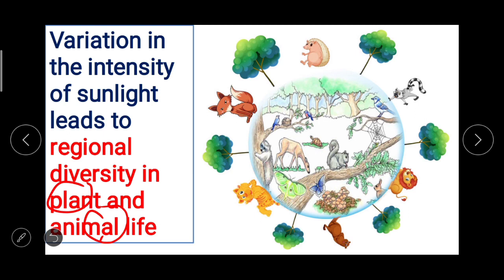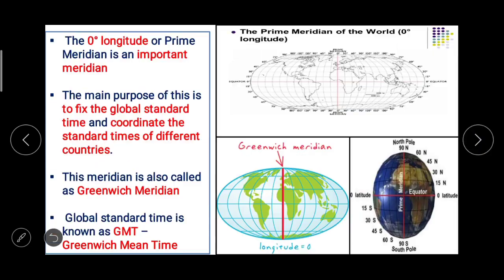And it is because of the variation in the intensity of sunlight. Then the next thing, the 0 degree longitude or prime meridian is an important meridian. The main purpose of this is to fix the global standard time and coordinate the standard times of different countries.